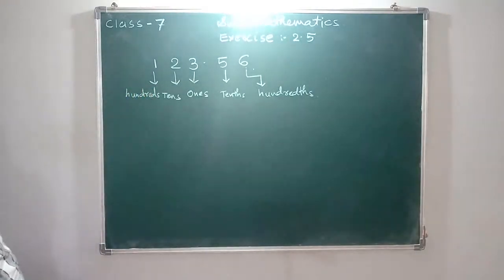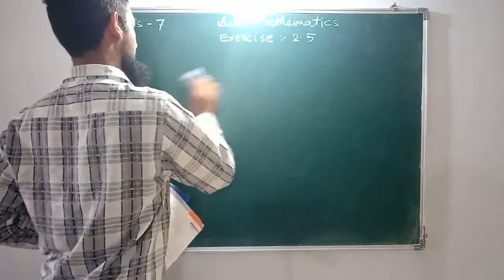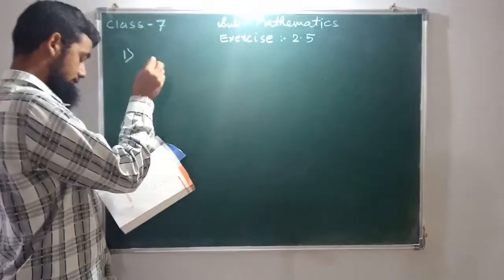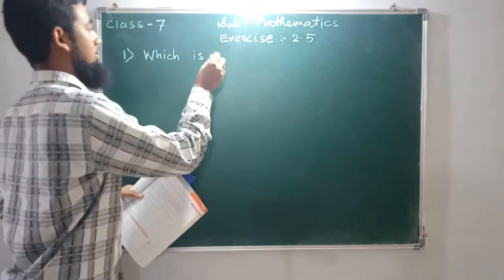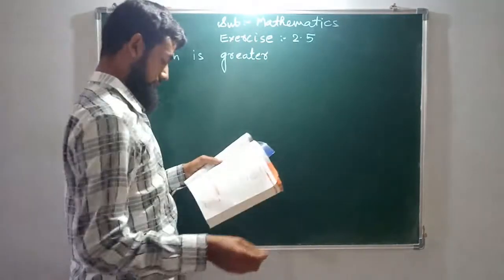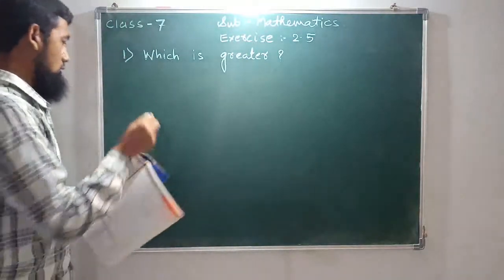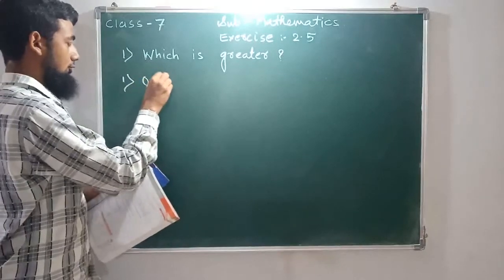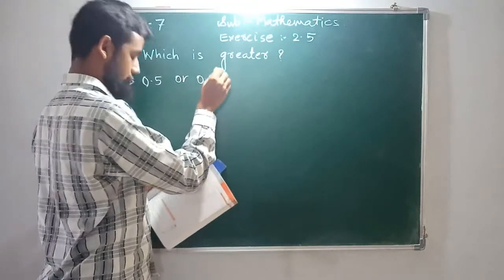Understood? So question number 1 of exercise 2.5: which is greater? Question 1, 0.5 or 0.05.